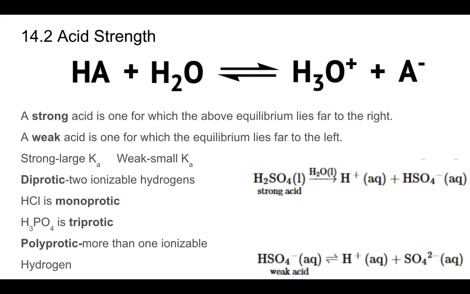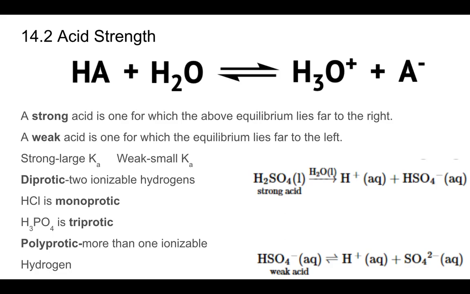So I'd like to briefly address the sulfuric acid molecule because there's a bit of an inconsistency between how most colleges will teach H2SO4 and how AP teaches H2SO4. When I first started teaching AP chemistry, a big deal was made about the fact that H2SO4's first H plus is considered strong, and the second H plus is considered weak.